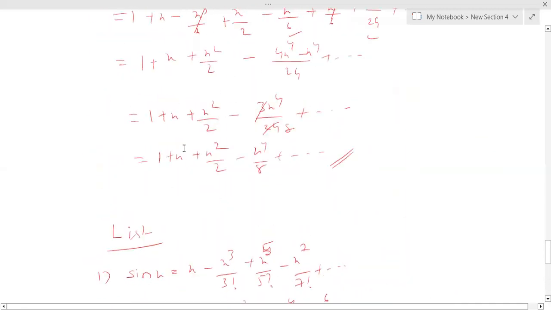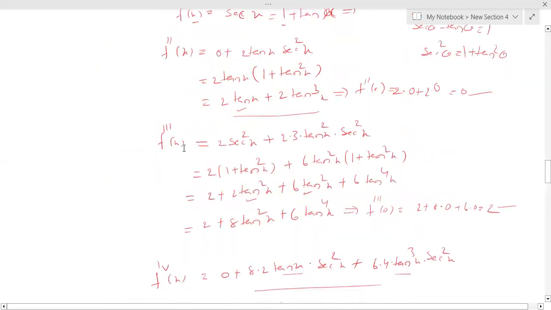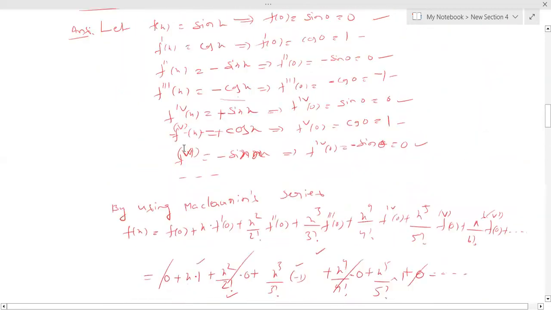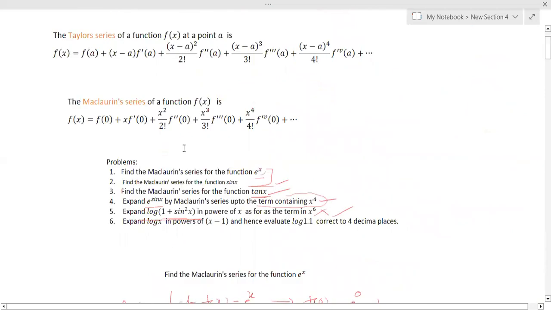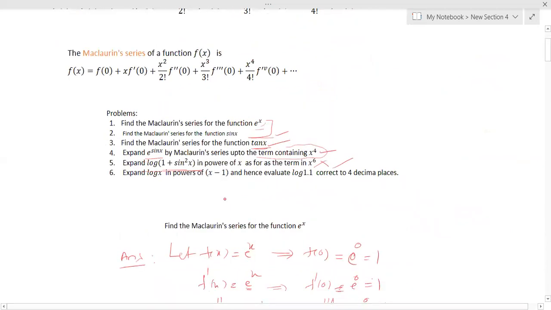So the last problem in this topic, very interesting, is based on the Taylor series, not a Maclaurin series, because they asked here in terms of x minus 1. That means the value of a is 1. After that, substitute 1.1.